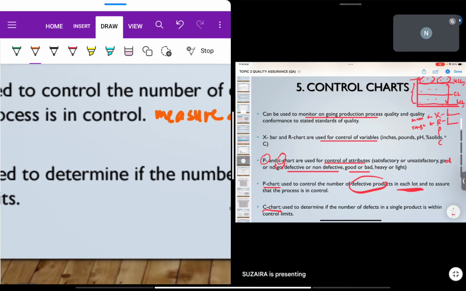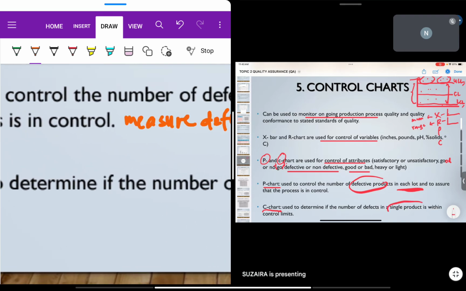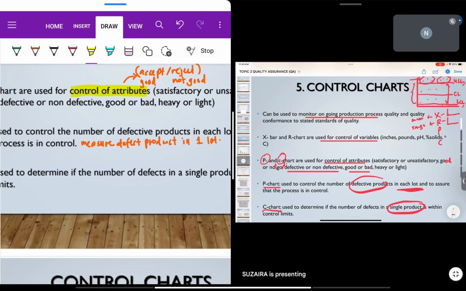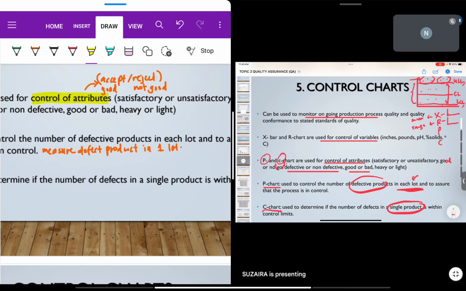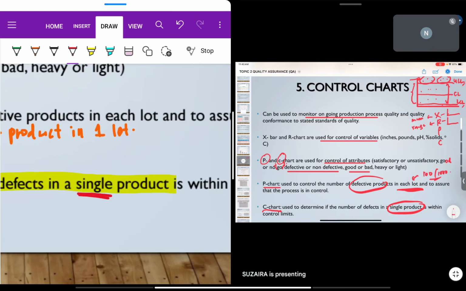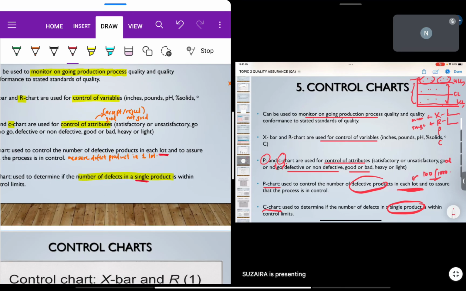It is focused on a single product. But the P chart is for a lot. Each lot can have 100 or 1000, depending on the number. From 100, we take maybe 10, 12 or 20 samples to represent the whole lot, so we can know whether we accept or not. From this control chart, you can know whether the sample is in between the range or not.